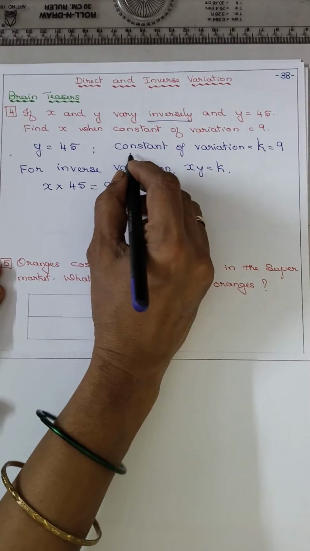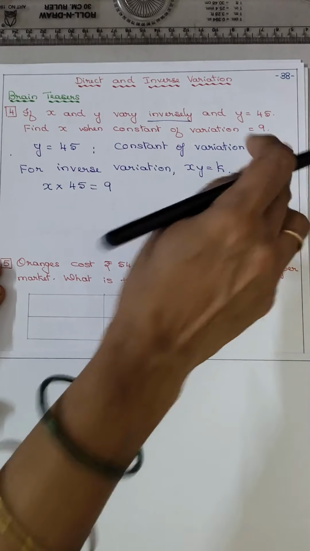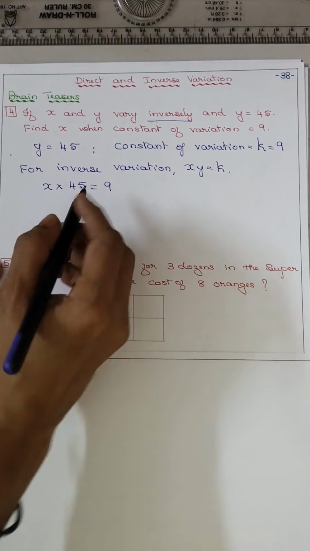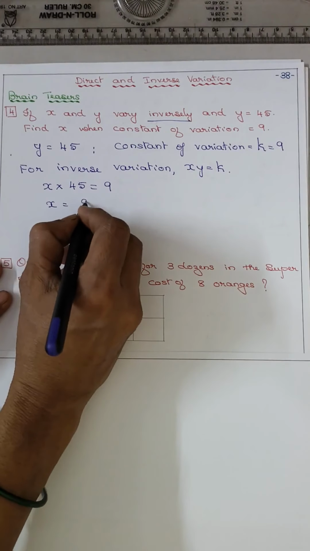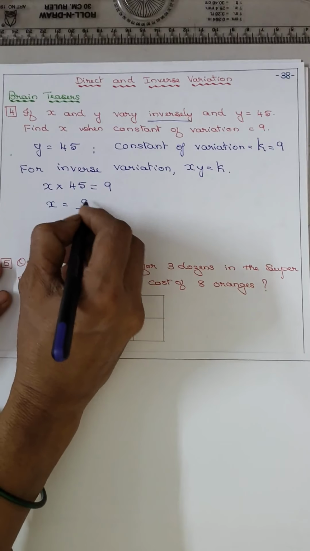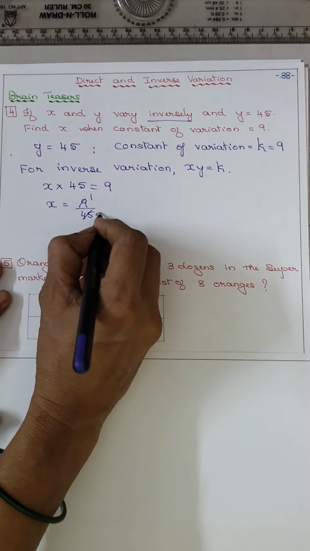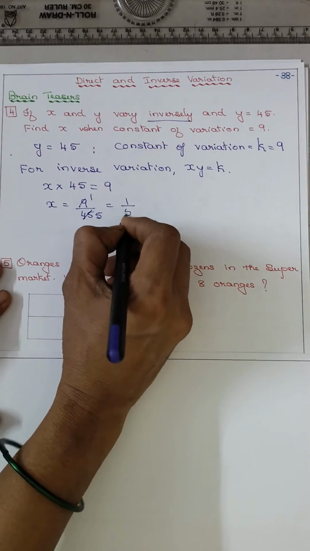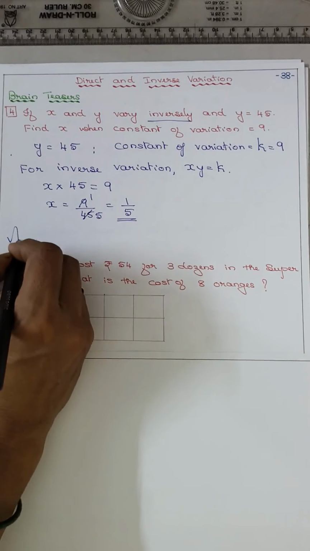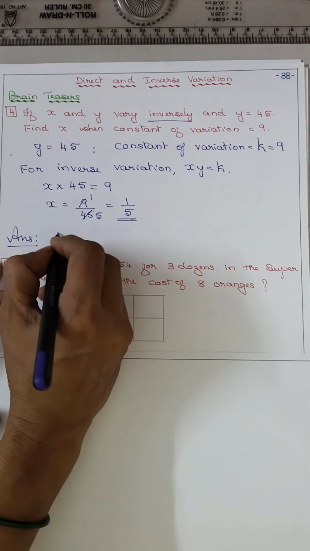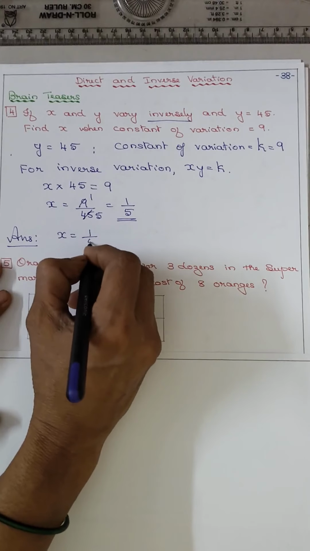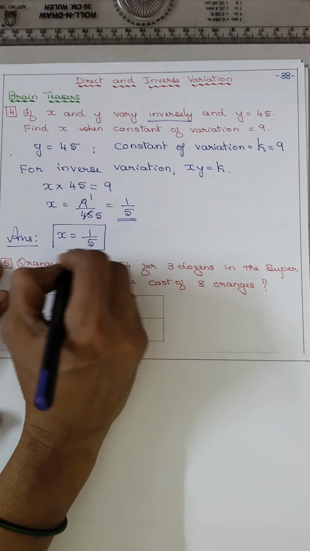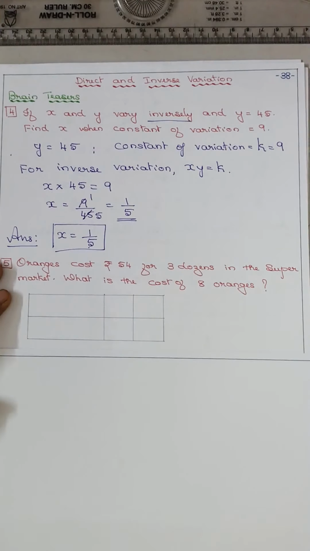So you have to remember the constant of variation means k. So x is equal to 9 upon 45. 9 1s are 9, 5s are 45. So you got the answer 1 by 5. So answer x is equal to 1 by 5. Is it clear?